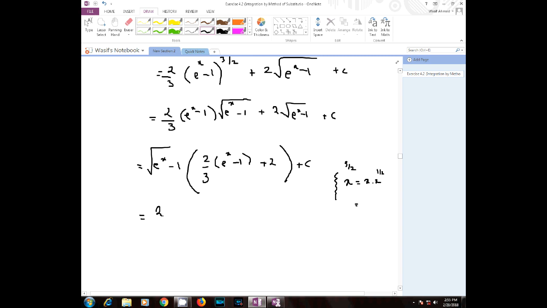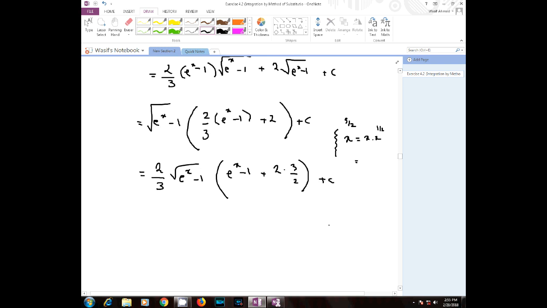Next you have to take out the common 2 divided by 3. So you have 2 divided by 3 e raised to the power x minus 1, and since 2 by 3 has been taken common, you have e raised to the power x minus 1, and multiply the 2 with 3 divided by 2 plus constant of integration, because you have taken 2 by 3 common.